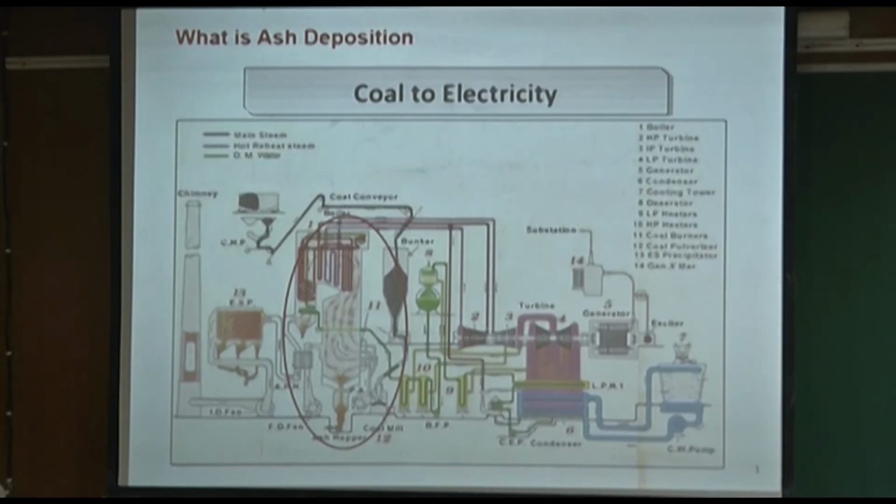That's a very, very important part, and sometimes a very difficult part of coal-fired boiler operational management. So understanding the basics of it is important. Here we are dealing with only that part, nothing this side, nothing that side.